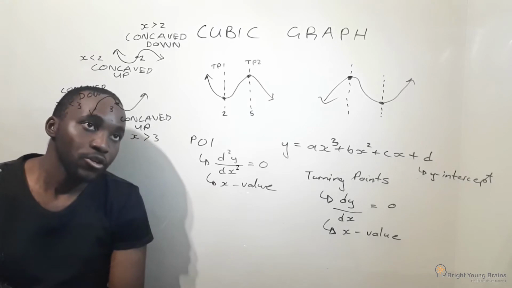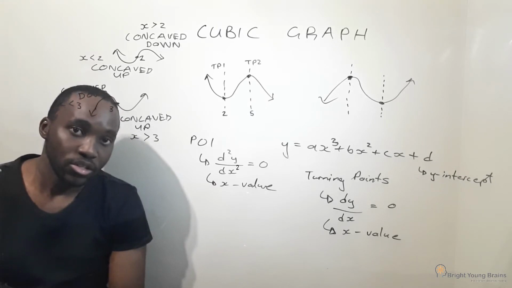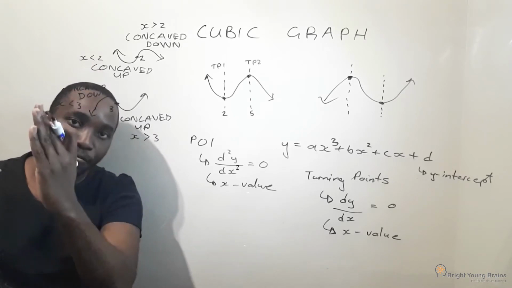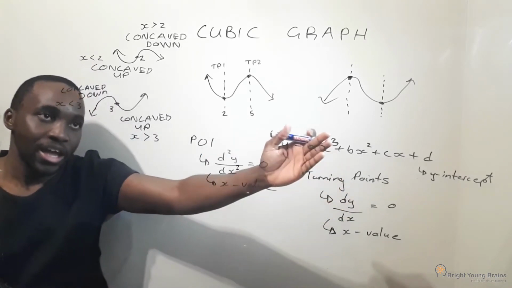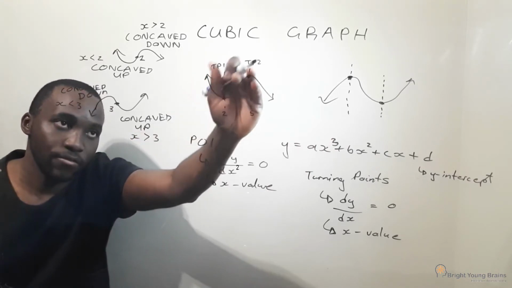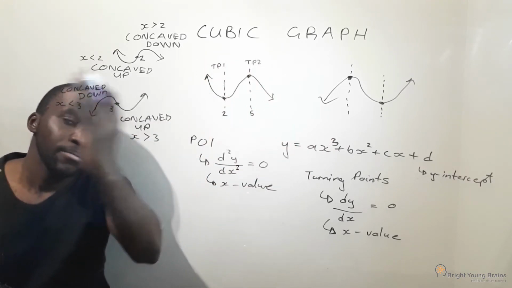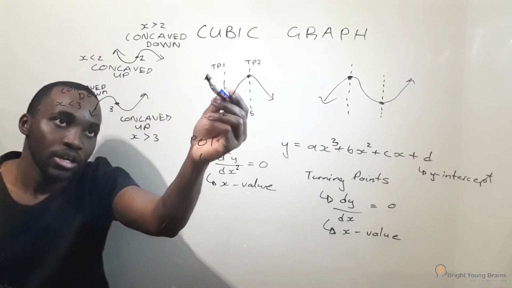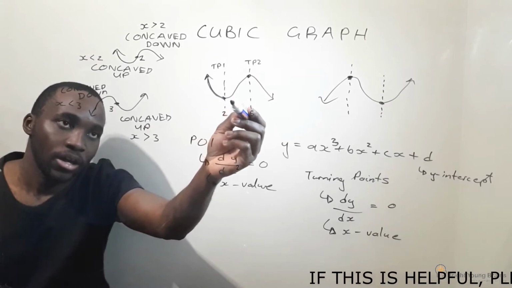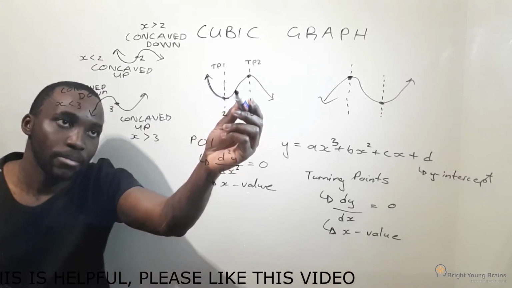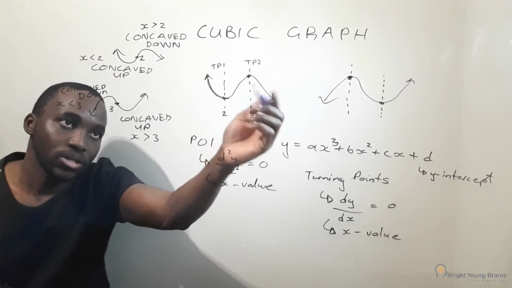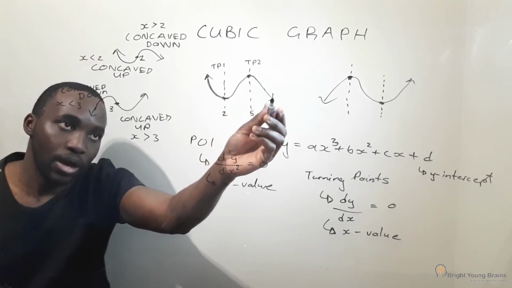Now if they're going to ask you questions like where is the graph increasing and where is the graph decreasing, you want to look at your picture from left going to right always. And the question you want to ask yourself is, if this was a track for a roller coaster, coming from the left, I know that this portion here, my roller coaster will be going down. This portion here, my roller coaster will be going up, and then from there onwards my roller coaster will be going down.